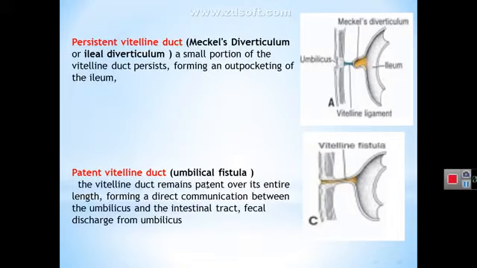Patent ventral duct or umbilical fistula. The ventral duct remains patent over its entire length, forming a direct communication between the umbilicus and the intestinal tract. So there is fecal discharge from the umbilicus.